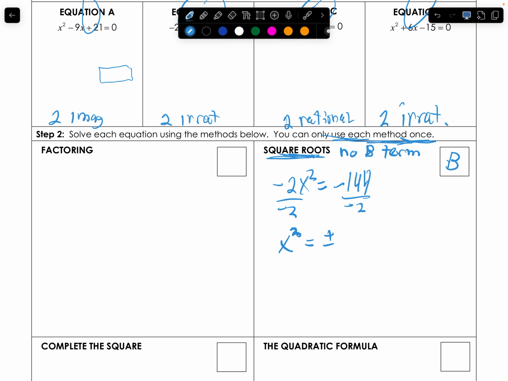I think you get 72. Yeah, 72, and you would have to do 36 times 2. So x equals plus or minus 6 square roots of 2, and you have your answer. You solved it. You can even put these funky brackets around it, and that would be really cool.